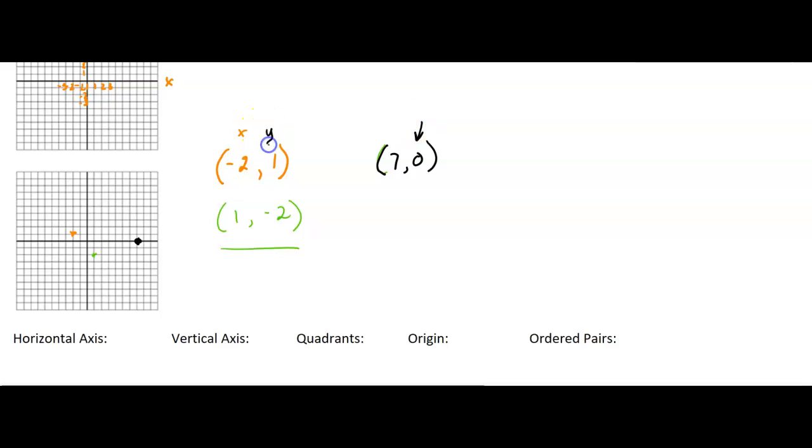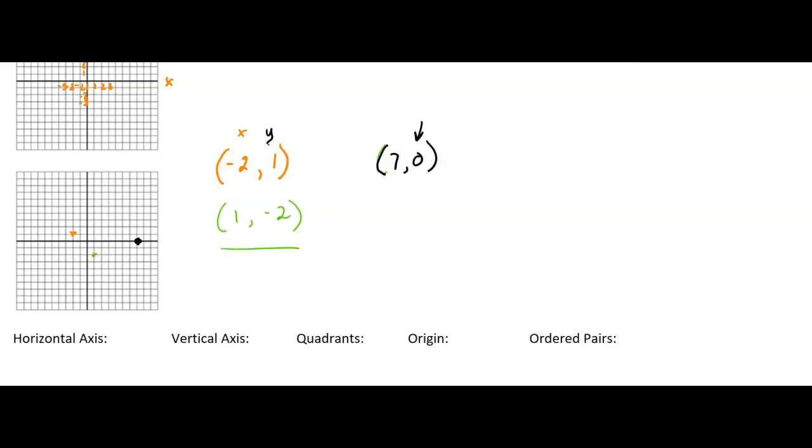So the first one's x, the second one's y. The first component, or it's called the abscissa, is the x value, and the ordinate is the y value. Okay, so 7, 0 would be right there on the x-axis. Now you might ask, what if they ask me what quadrant is it in? You would say it's not in a quadrant, it's on the x-axis, or we say it lies on the x-axis.